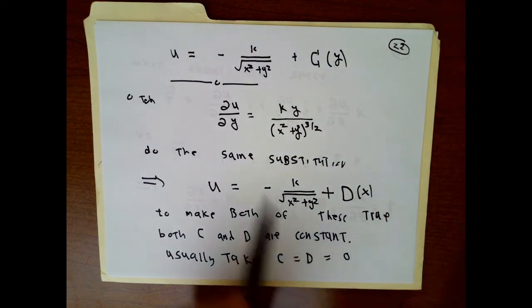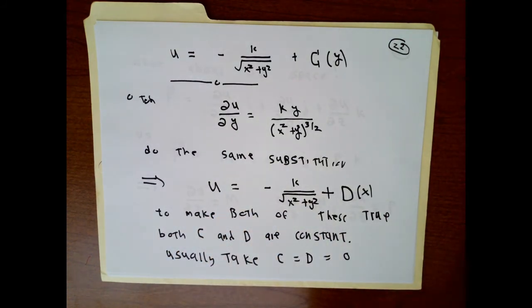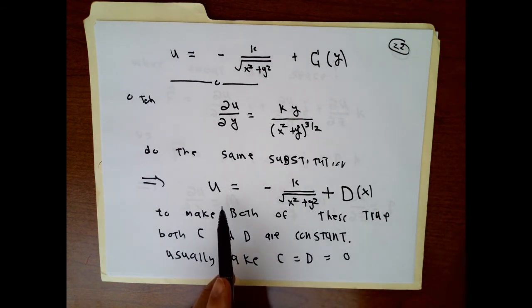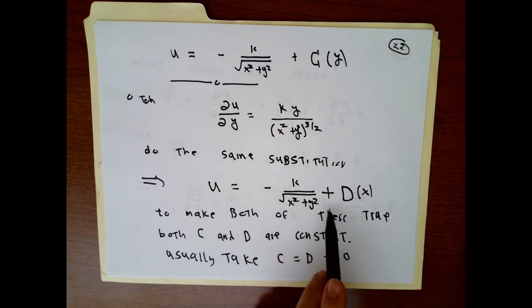If you look at partial of u with respect to y equals the second component of the field, in an exactly analogous situation, you'll find out that u is negative k over the distance plus something that's a constant with respect to variable y.